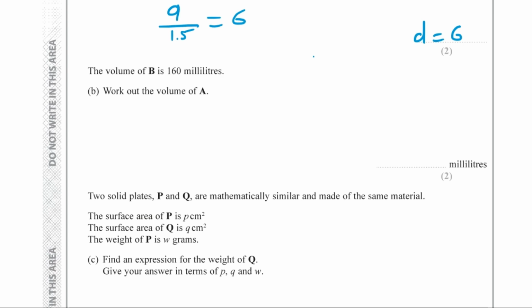It's important to note here that if the scale factor is equal to 1.5, the area factor will be equal to 1.5 squared, and the volume factor is equal to 1.5 cubed.